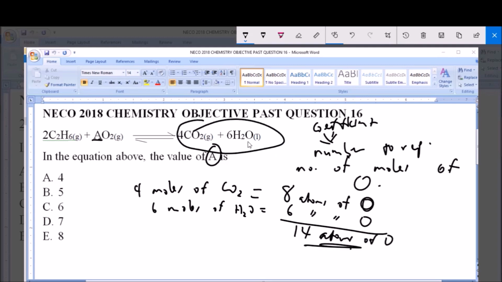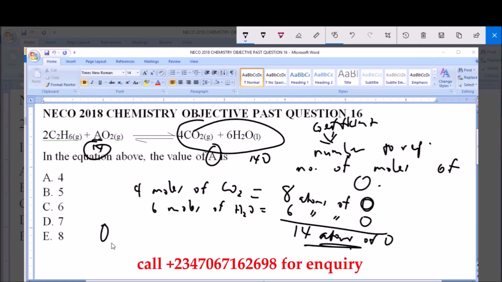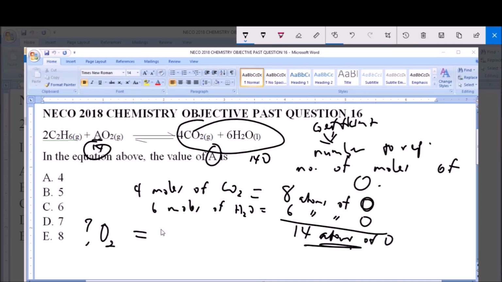So in order for the reaction to be balanced, you must have 14 on this side. Now you have oxygen atom here, that is 2 atoms. So how many moles will you need in order for you to get 14 atoms in total on this side? So 14 divided by 2 is equal to 7.